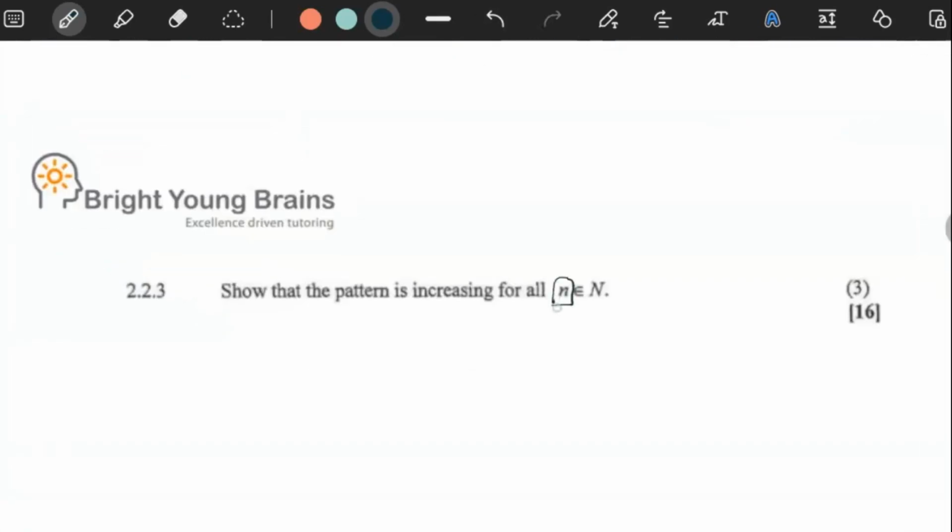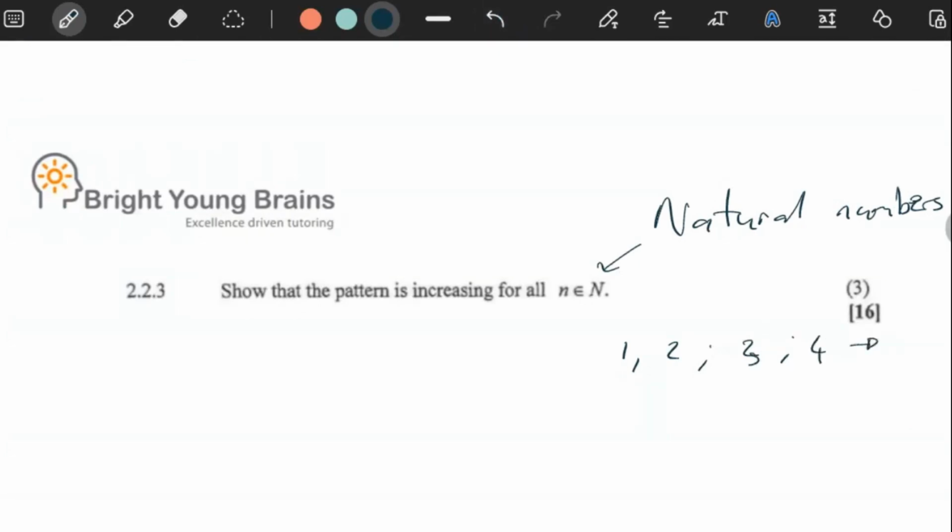This means natural numbers. Natural numbers are numbers that start from 1 and they are whole, complete, full numbers. They're not fractions or anything. These are whole numbers all the way to infinity. So they say show that the pattern is increasing for all natural numbers, basically.